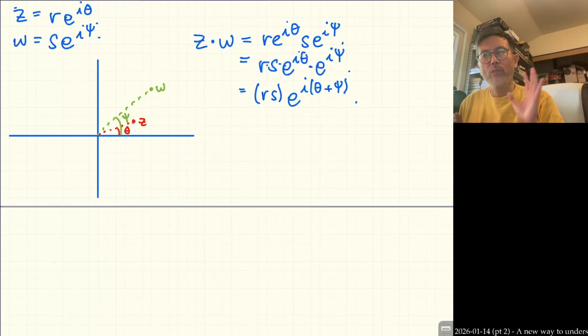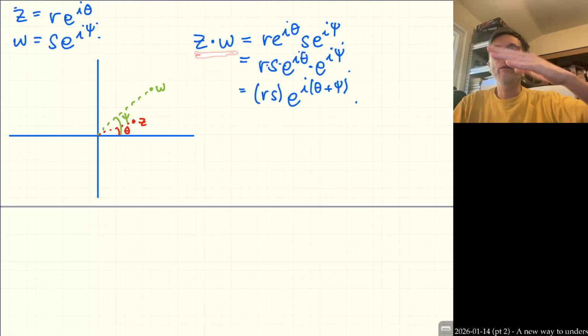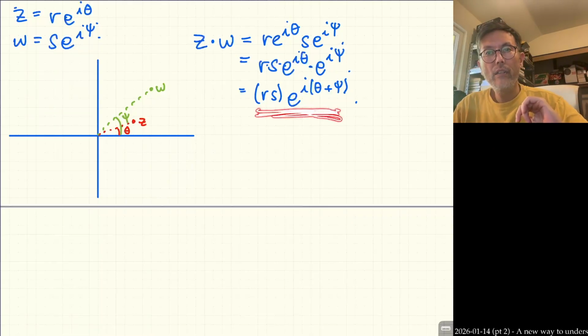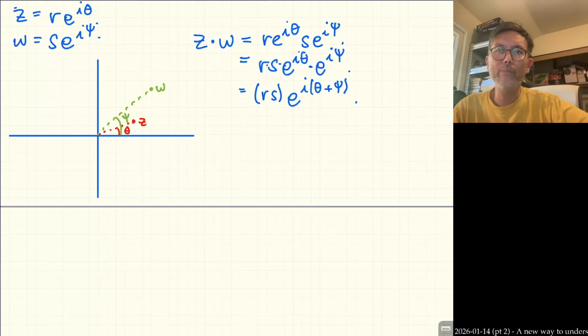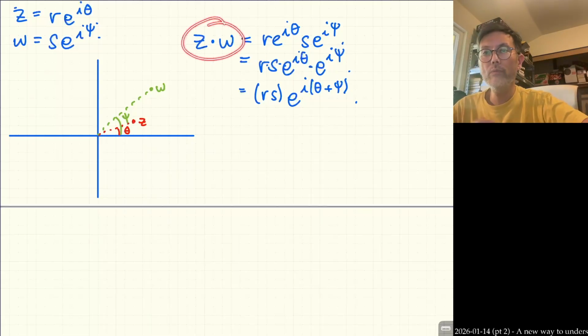All right? So now think about what we're saying here. First of all, we get immediately as a consequence that the modulus of z times, let me back up one step. This, I hope you'll agree, is the polar form of the product z times w. So in particular, this number right here, r times s, is the modulus of z times w.